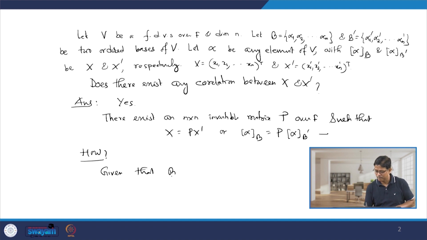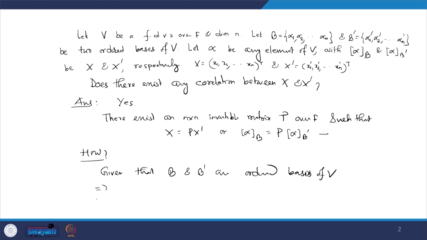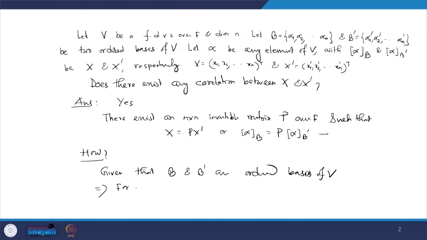Given that B and B prime are ordered bases of V, this implies that each element of B prime, I will be able to express as a linear combination of the elements of B. So, I can say for each alpha j prime belonging to B prime, there exist n scalars, say P i j, i equal to 1 to n, such that alpha j prime equals sigma P i j alpha i, i equal to 1 to n.